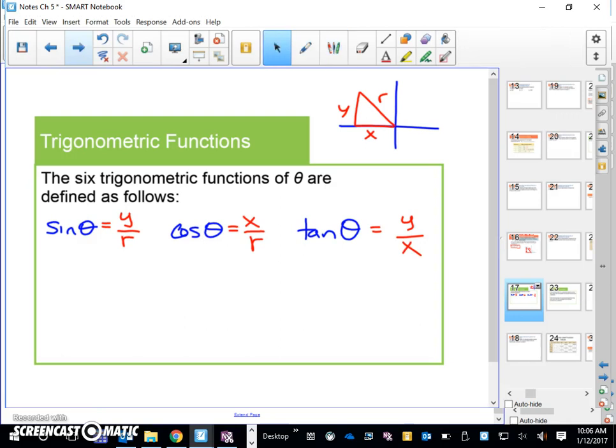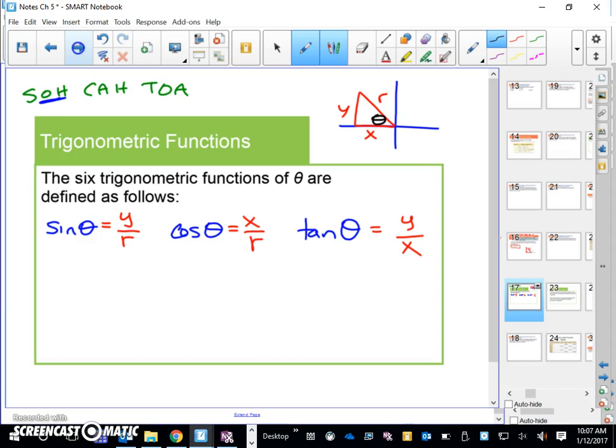Now a couple of things. Remember SOHCAHTOA from geometry class? Sine was opposite over hypotenuse. If you're looking at this, let's say this is your angle, and you look at opposite and hypotenuse, that's y over r.